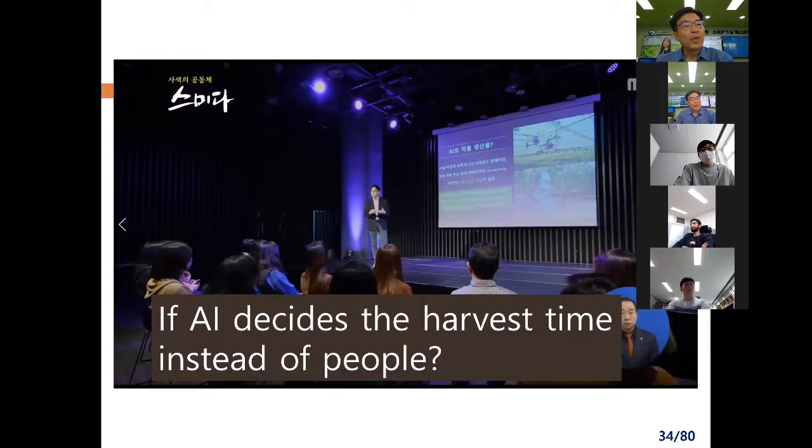When do we have to harvest to make the most money? What happens if AI decided the harvest time instead of people? This is the basic question that created the autonomous greenhouse challenge.